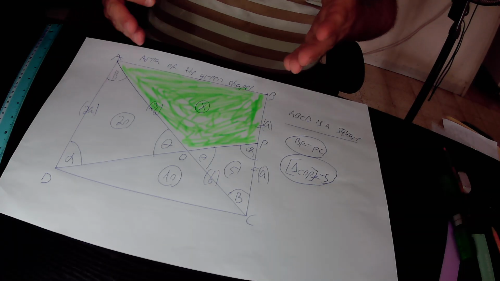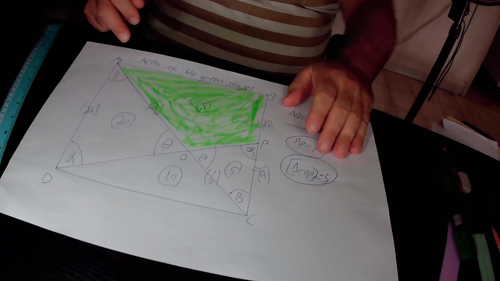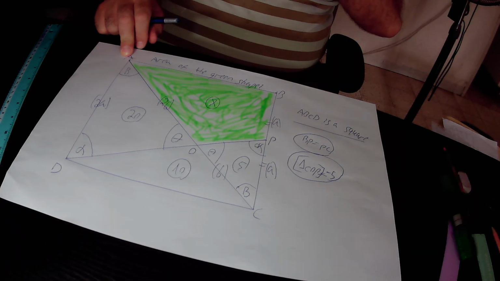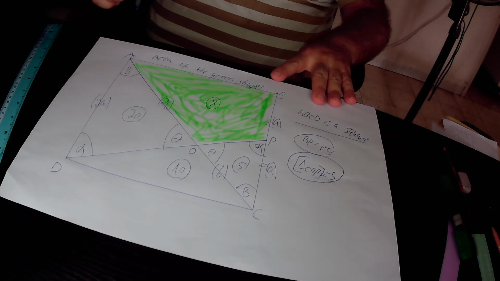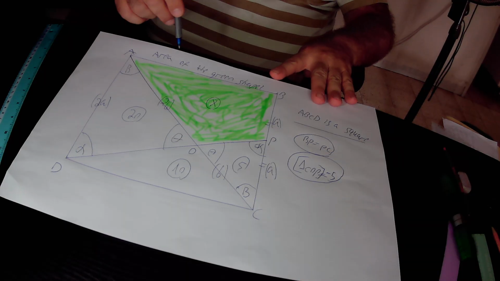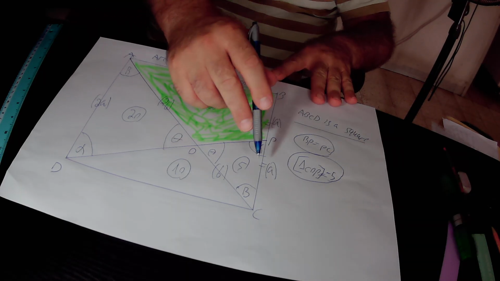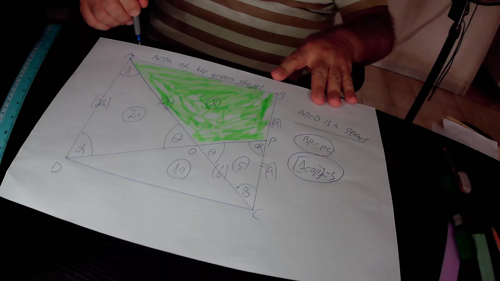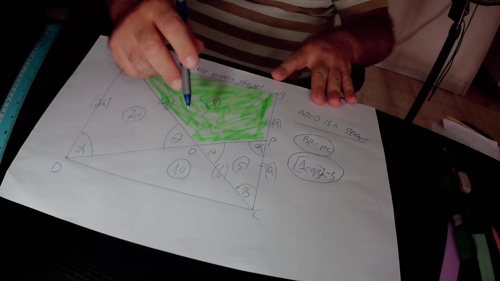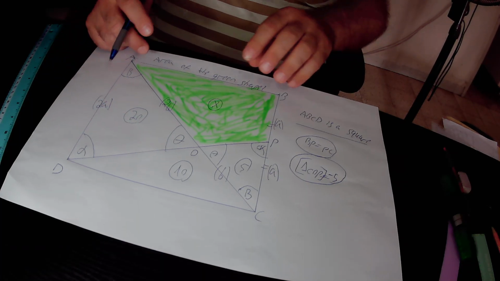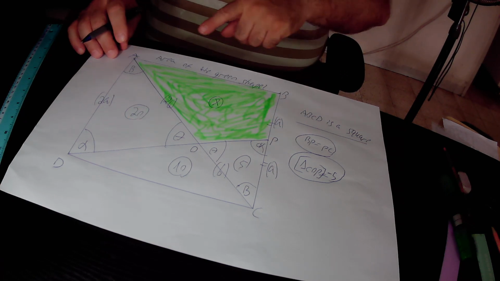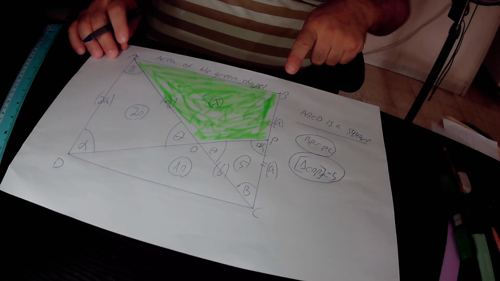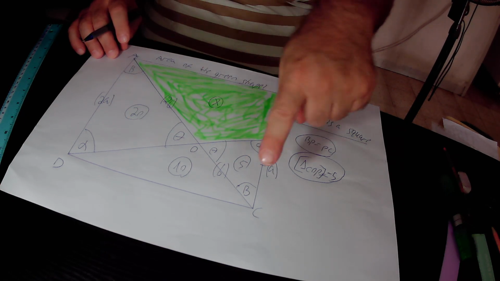We know that ABCD is a square, so all of its sides are equal to each other. And therefore, the big right triangle ABC is convertible to the big right triangle ADC according to the side rule. Side AB of triangle ABC is equal to side DC of triangle ADC.